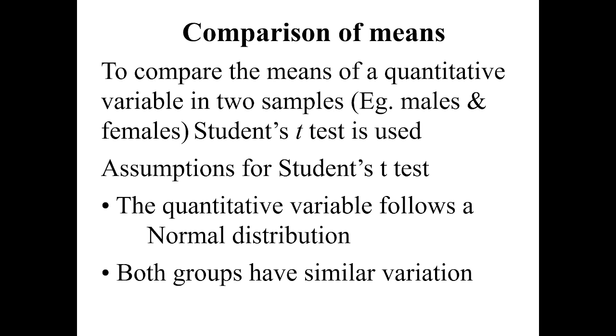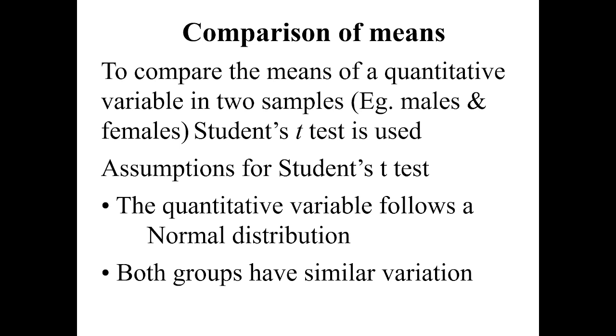But what is more important is that both groups that you are comparing should have similar variation. It should not be that one group's variance or standard deviation is very small compared to the other group. Then you need some modified version of the test. But the standard T-test requires two assumptions.